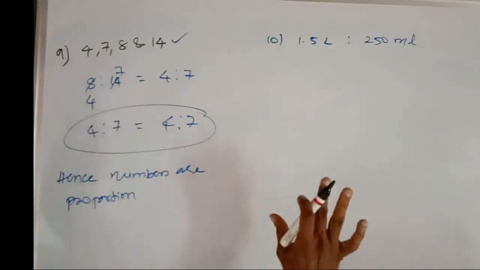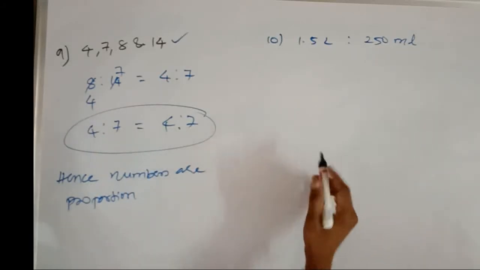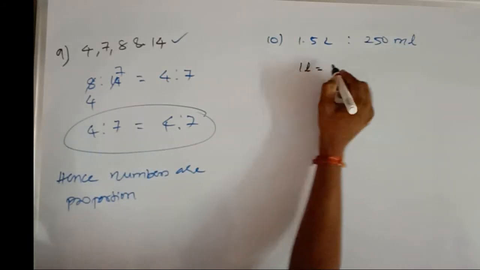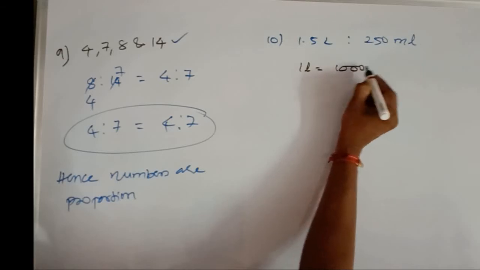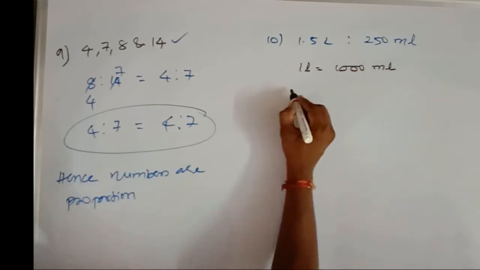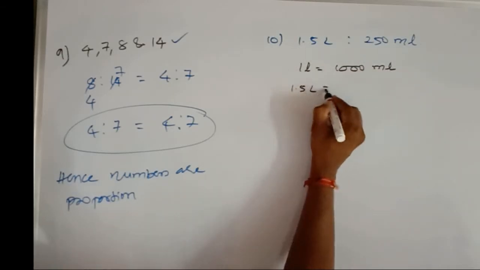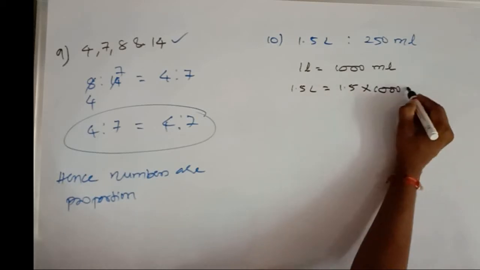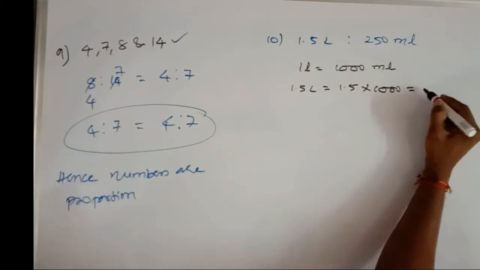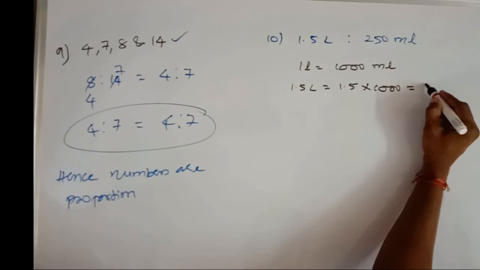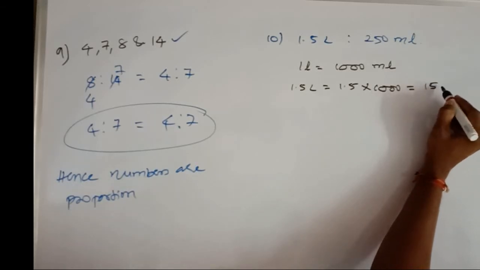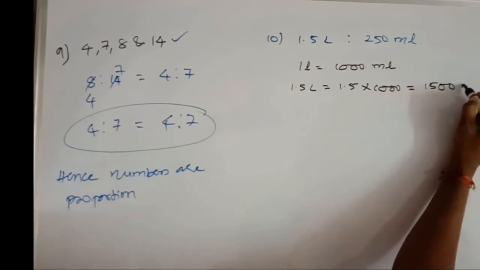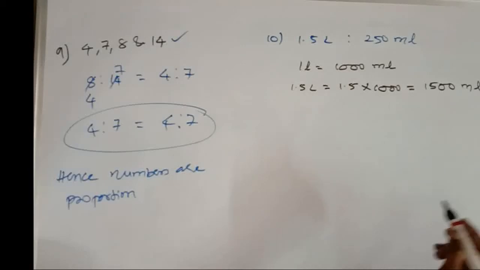So first I'm going to change all the liters into milliliters. 1 liter is equal to how many ml? 1000 milliliters. Then what about 1.5 liters? 1.5 liters is equal to 1.5 into 1000, so that is 1500 milliliters.